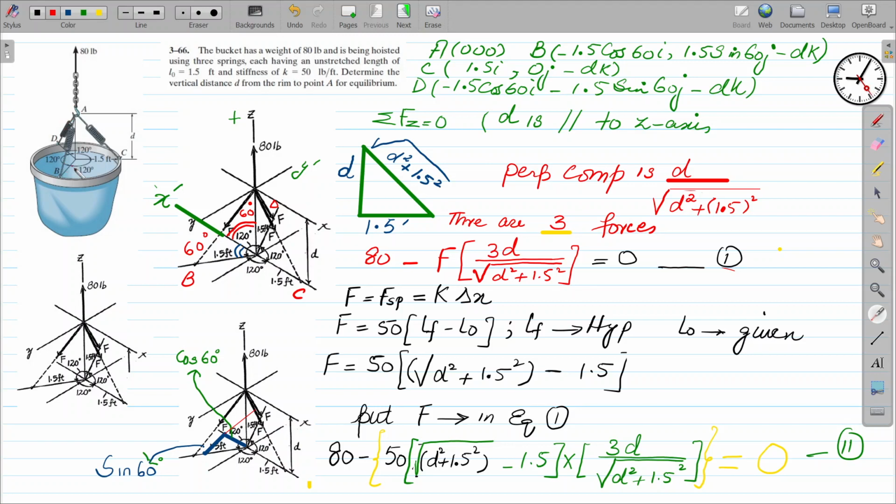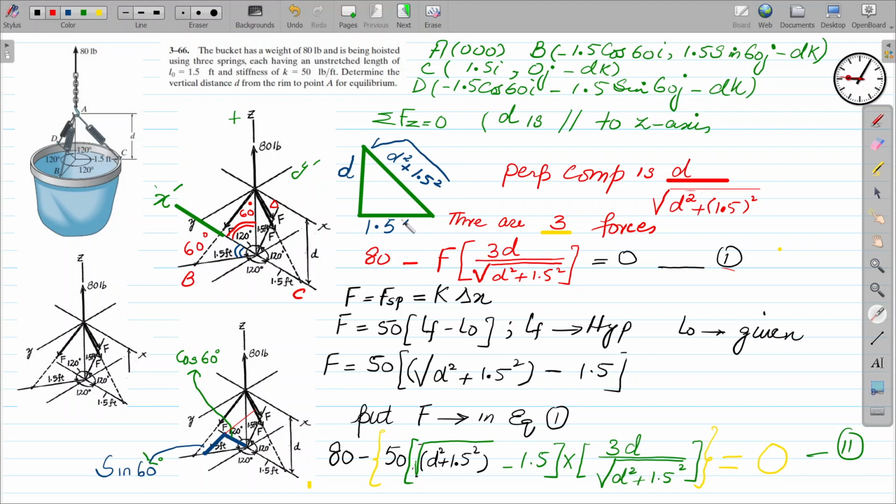If we take this triangle, this vertical d, this radius 1.5 feet, and this hypotenuse, if this is d and this is 1.5, what will be the hypotenuse? The square root of d square plus 1.5 square, because we want to take the length.